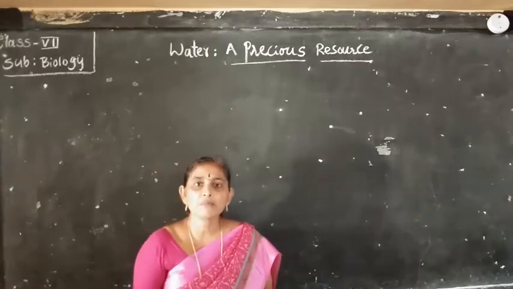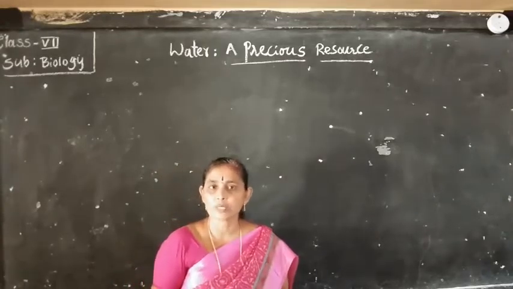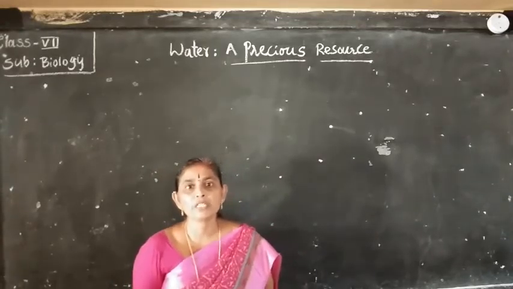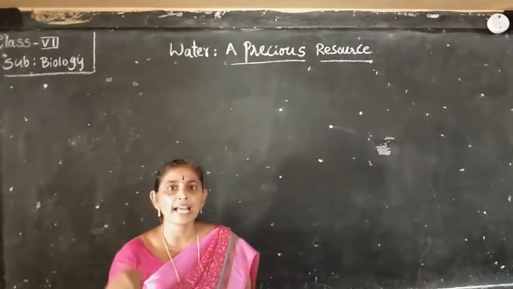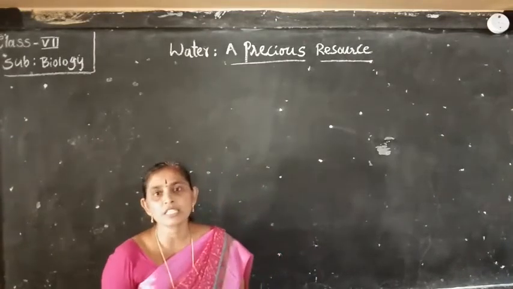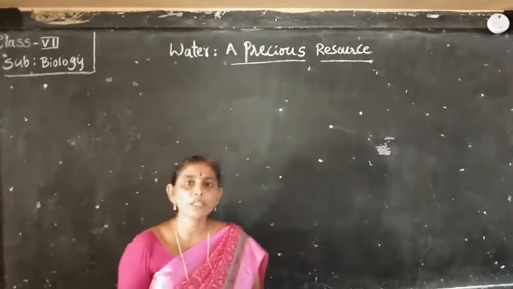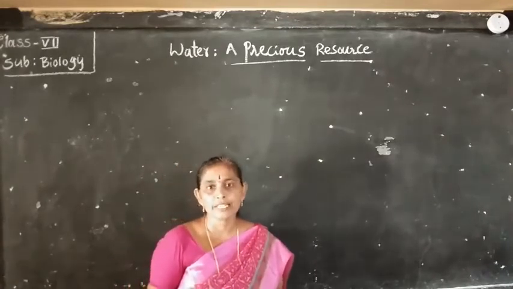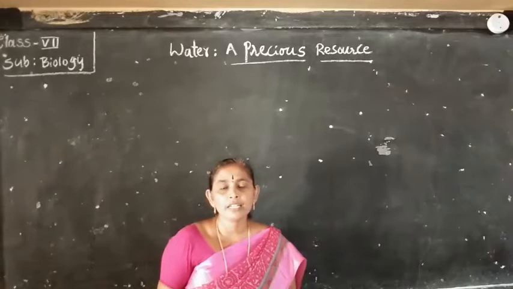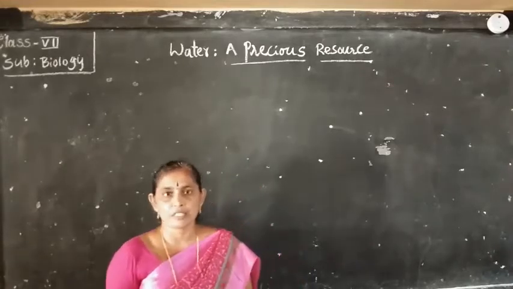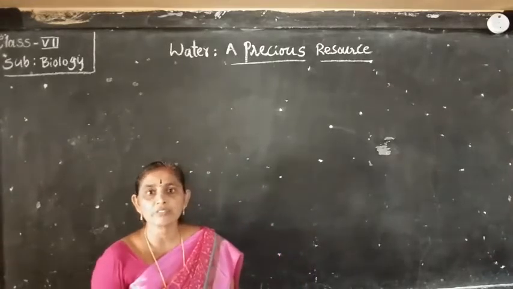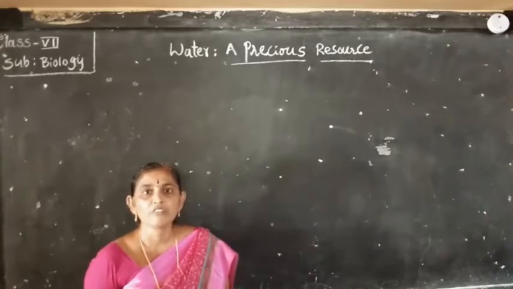Then some organisms carry out anaerobic respiration. Anaerobic respiration is carried out in the absence of oxygen. Example, yeast cells and the fermentation process. Anaerobic respiration is otherwise called fermentation.